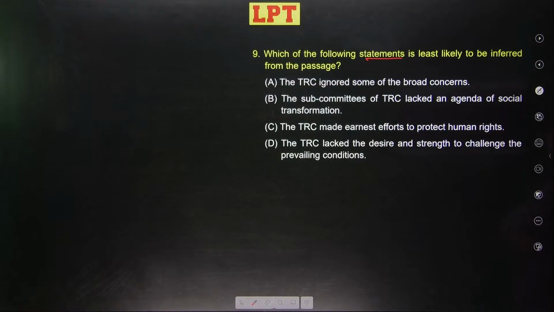So read out the four options and choose an answer which is least likely to be inferred from the passage.